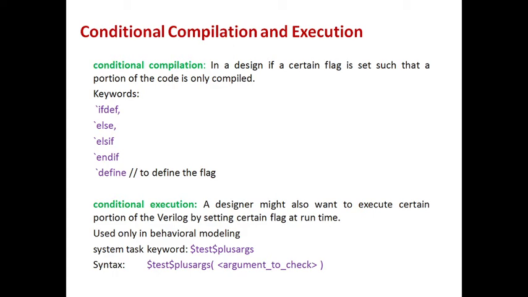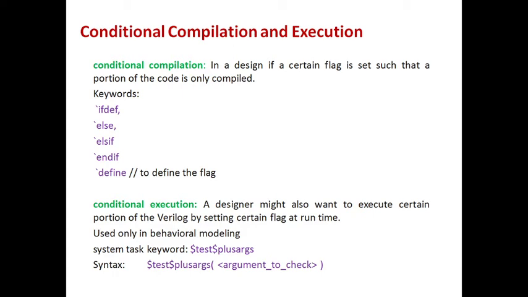And similarly for conditional execution, the designer wants to control some statements' execution flow. That means he wants to execute a certain number of statements and he doesn't want to execute some other statements. So how to implement this, we definitely have to use a certain keyword for this one, that is $test$plusargs.